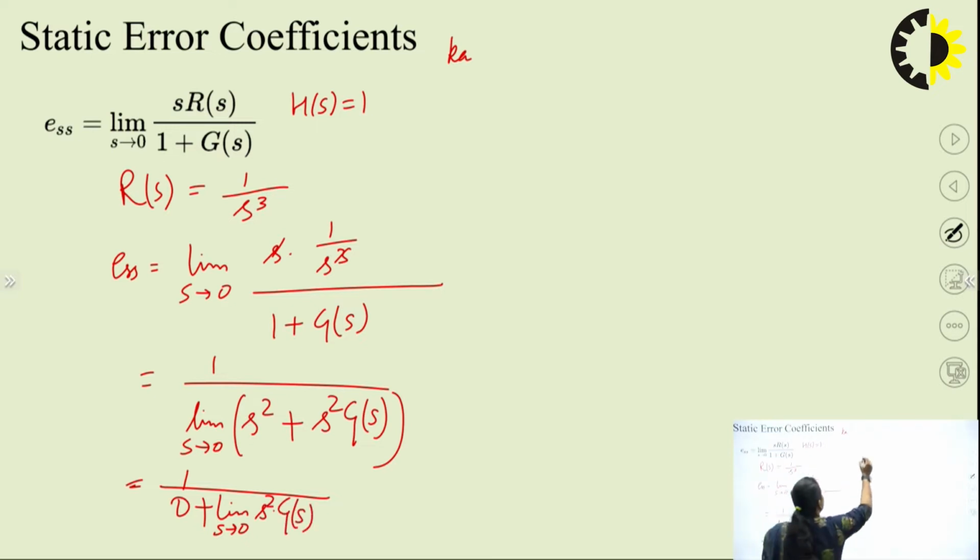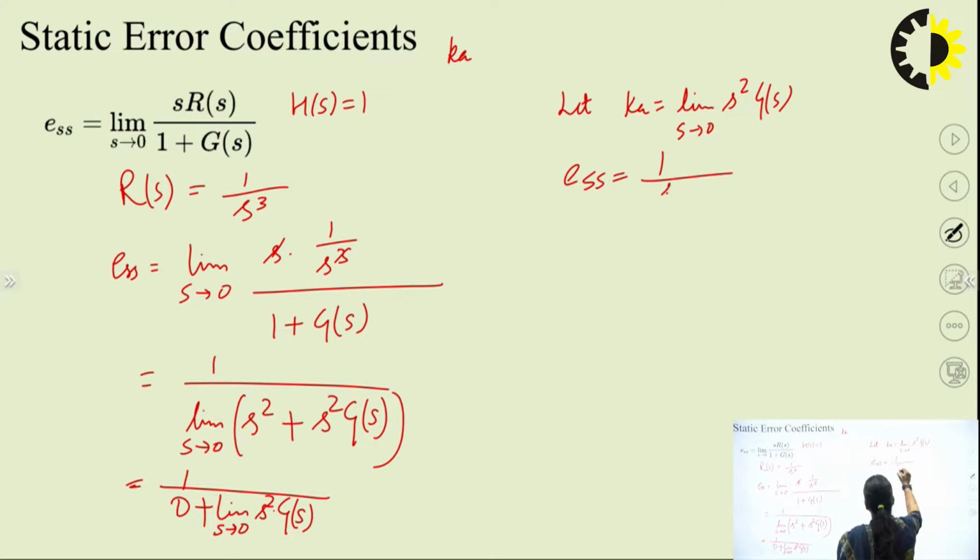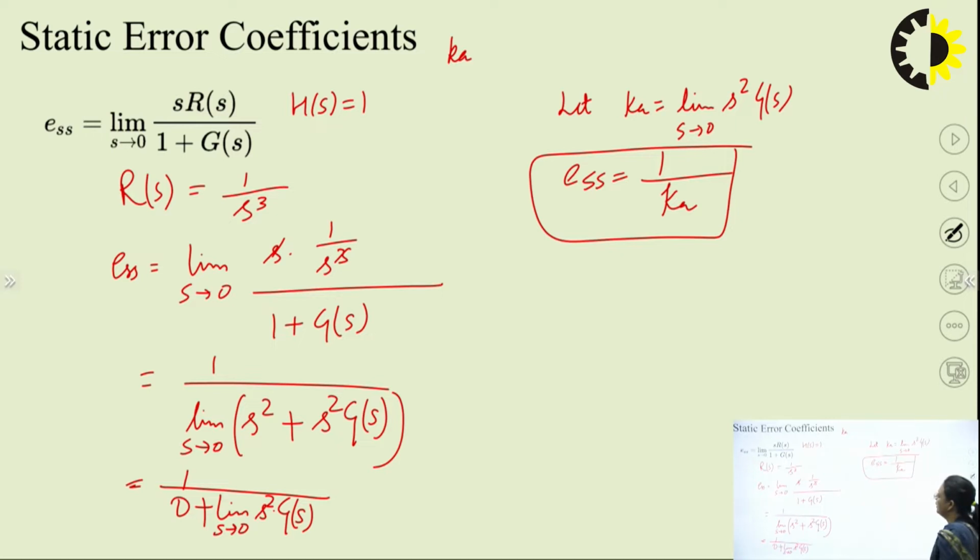So let Ka be equal to limit s tends to 0 of s square into Gs. The steady state error for the system when a unit parabolic input is applied will be 1 by Ka, where Ka is the acceleration error coefficient, and its value will be limit s tends to 0 of s square into Gs. And this is for the unity feedback system.